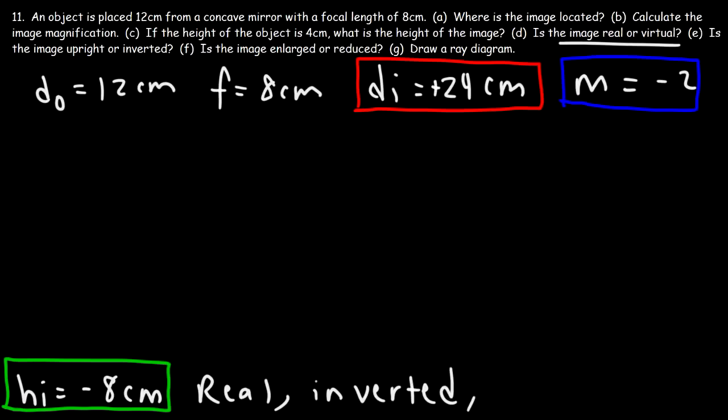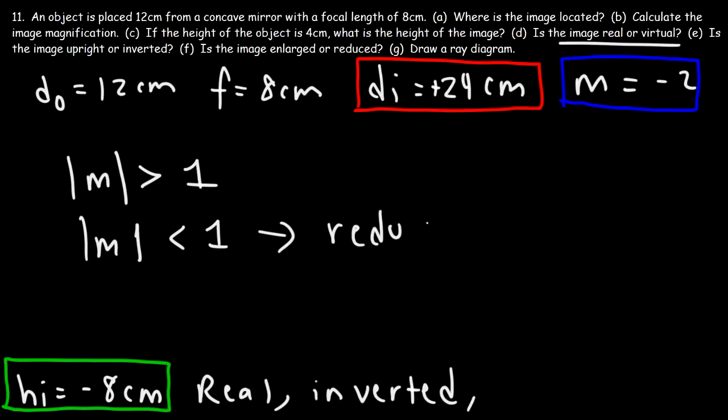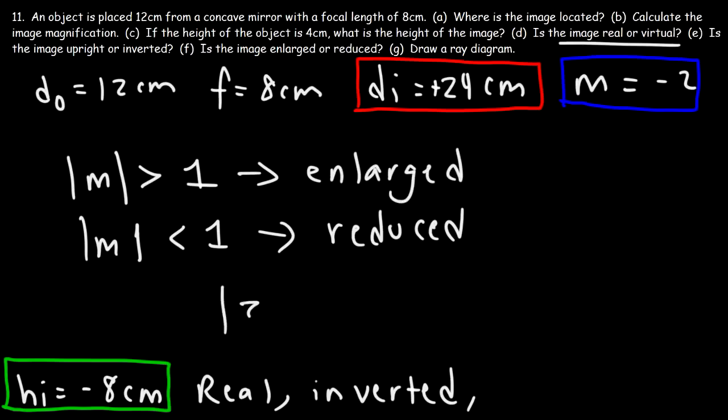Now what about, is the image enlarged or reduced? In order for the image to be enlarged, the absolute value of the magnification has to be more than 1. If it's less than 1, then the image is reduced. So, because the magnification is negative 2, the absolute value of negative 2 is 2.